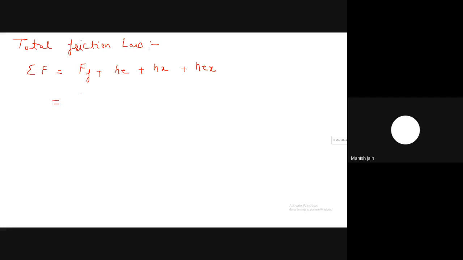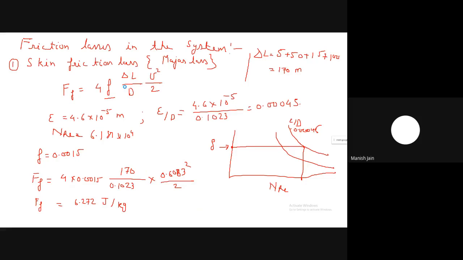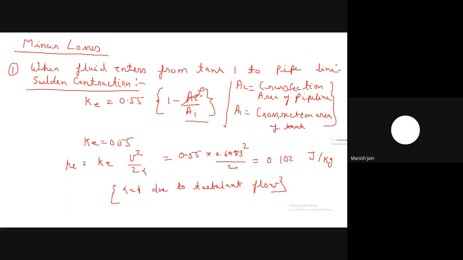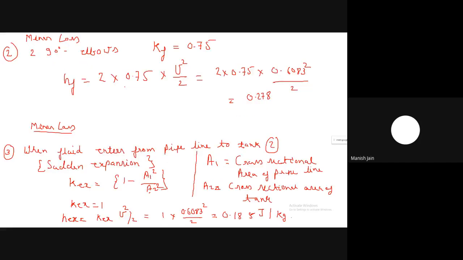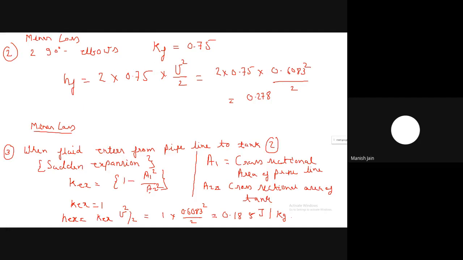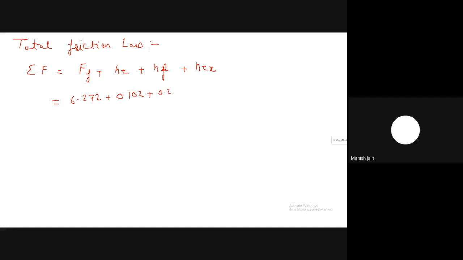Ff value is calculated as 6.272, plus HE value calculated as 0.102, plus HF value calculated as 0.278, and HEX value calculated as 0.185.